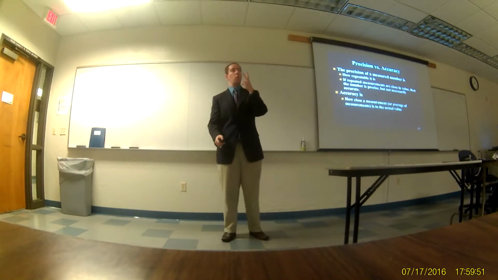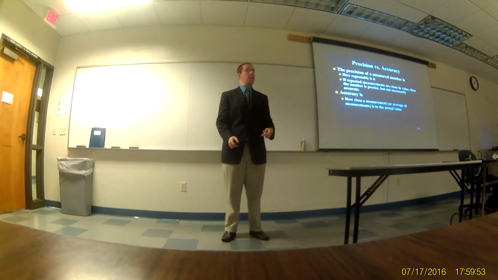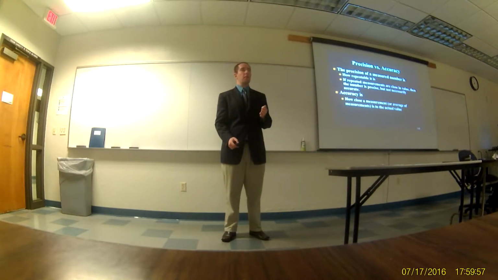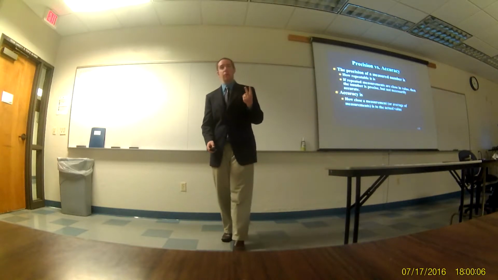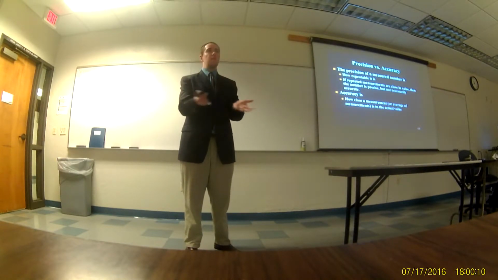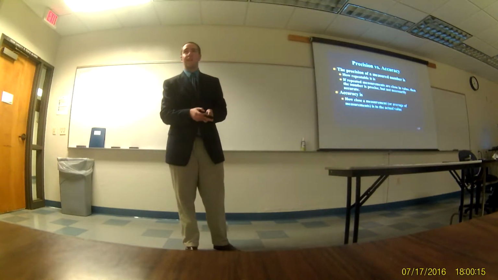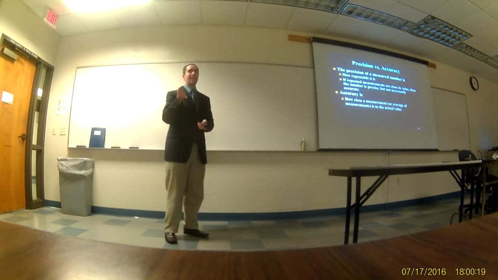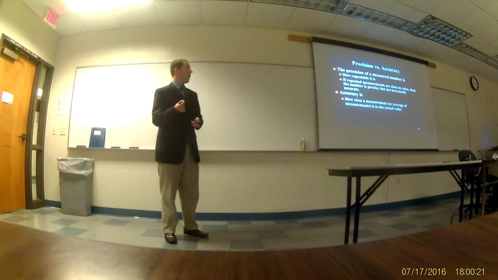If I measure myself twice, first time I measure myself 1 meter tall, second time I measure myself 3 meters tall, what's the average measurement? 2, which is perfect. And so even though I was nowhere even close on either of my measurements, my set of measurements is accurate. Okay? So don't forget that. For accuracy, if you have more than one measurement, you have to take the average of them.